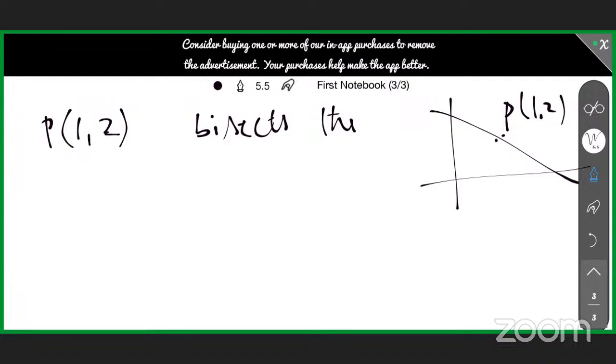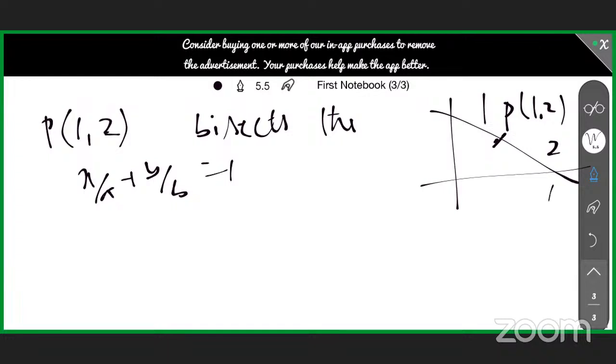First of all, this is the intercept form: the equation is x/a + y/b = 1. And you know that this point P is bisecting this line, meaning it is dividing the line in the ratio 1:2.